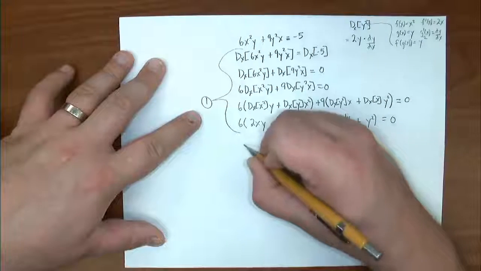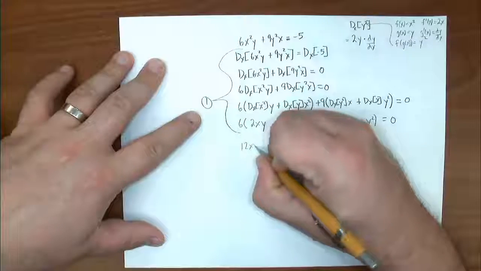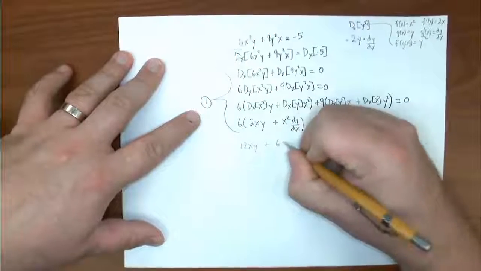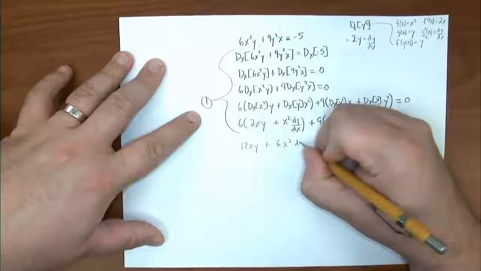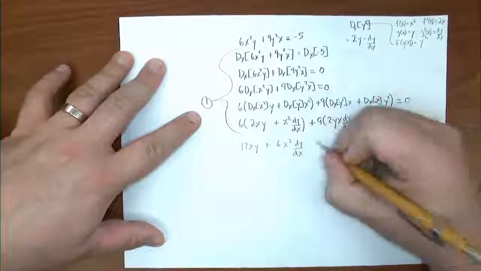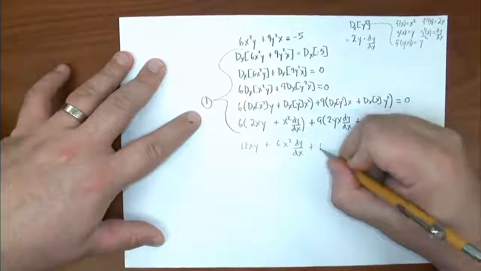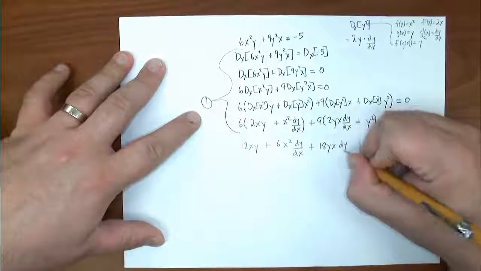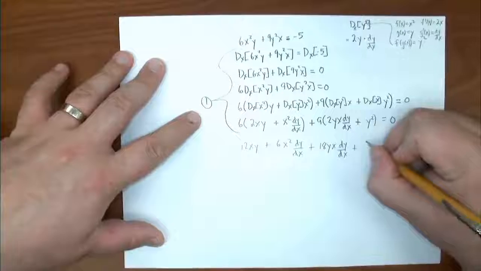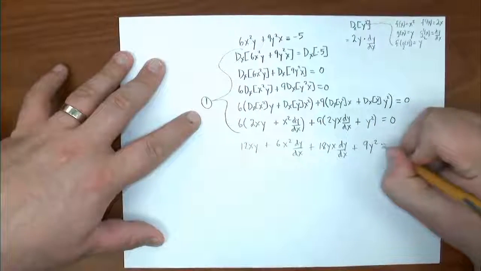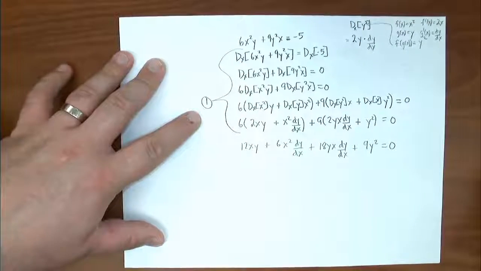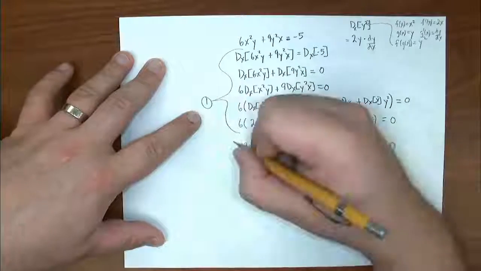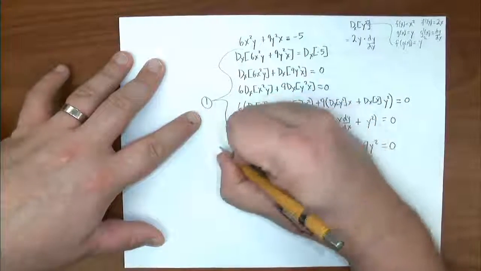So I can say 12xy plus 6x squared dy dx plus 18yx times dy dx plus 9y squared equals 0. So that's step two there. So step two is not too bad.